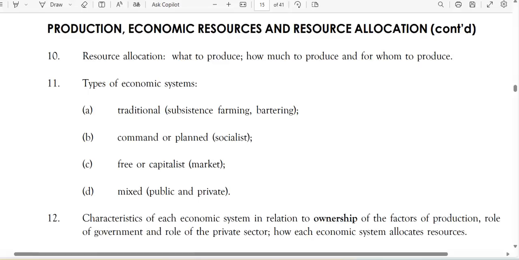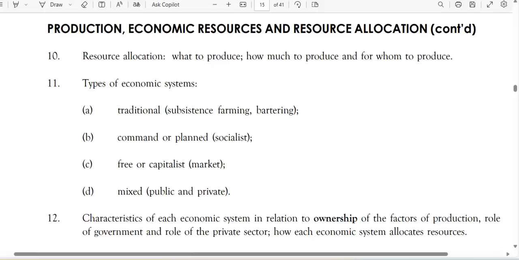The government continues to control almost every aspect of economic life. China, we can talk about China also. Before economic reform in 1978, China had a centrally planned system. The government was responsible for production.